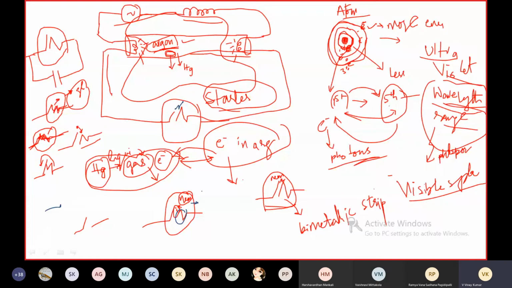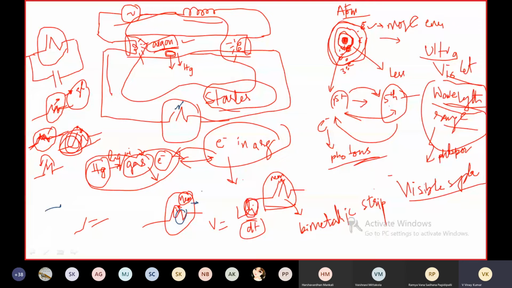So when you open the switch suddenly, V is equal to L di by dt, right? Within a fraction of a second, you are changing current from one level to another level.